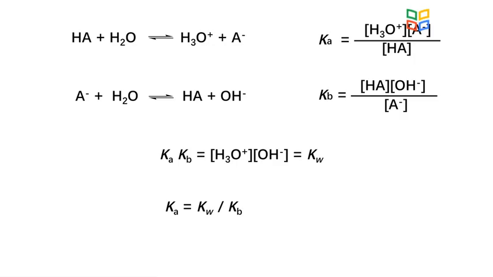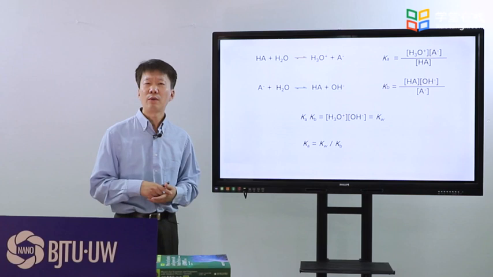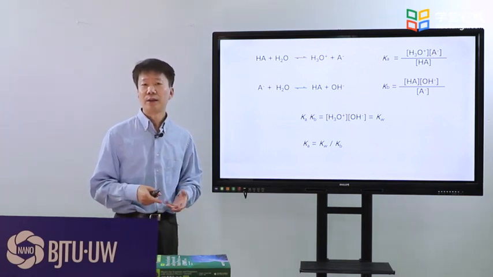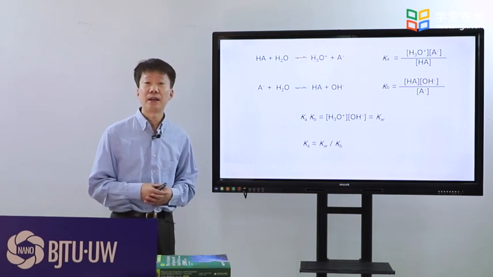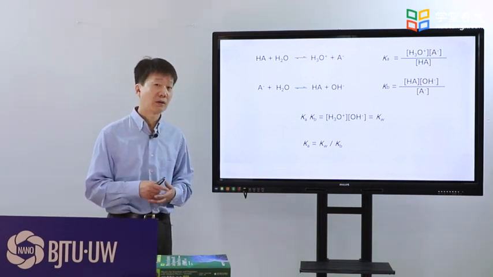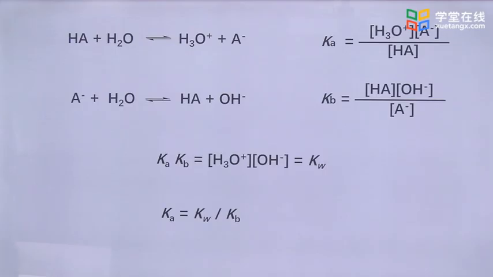We can write down the Kb expression of protonation of the A- ion as shown on the right. When we multiply Ka by Kb, we find the product of Ka and Kb is Kw, the ion product of water. Now we get the relation of Ka and Kb.